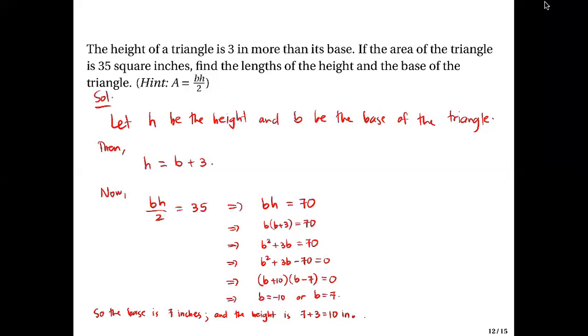So clearly, the area, base times height over 2, is 70 over 2, which is equal to 35 square inches. So this is the final answer.